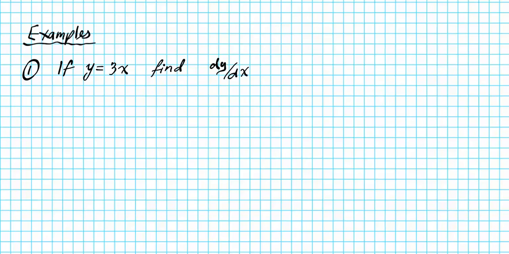Okay, let's take a look at the first example. Examples. Number 1. So let's say y equals 3x, and we're to find dy dx in this question. Okay, so we have y equals 3x.